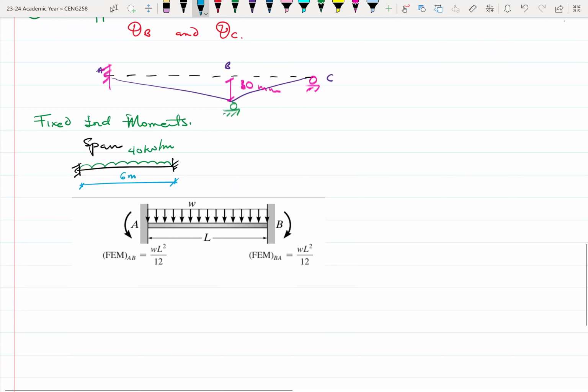So the fixed end moment at AB, which is on the left, joint A, will be equal to 40 times 6 squared over 12.